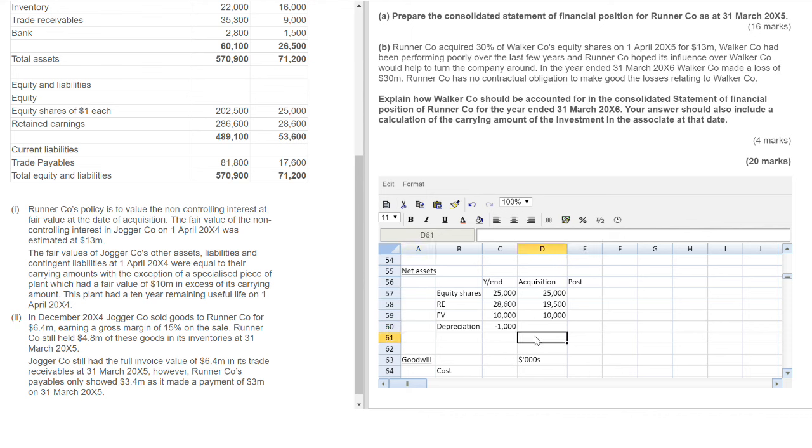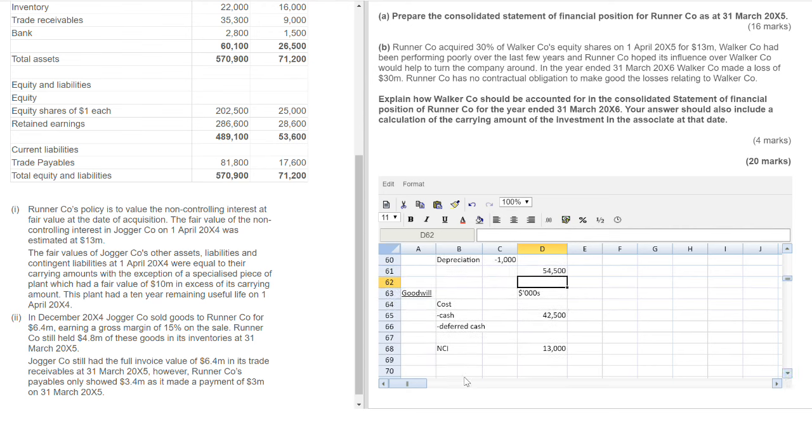I can't insert a line, but we have enough space. So if I go through there and total up my net assets at acquisition, I'd hope that you'd be getting this right, because there's just a fair value adjustment and nothing else. So you got 5,500.